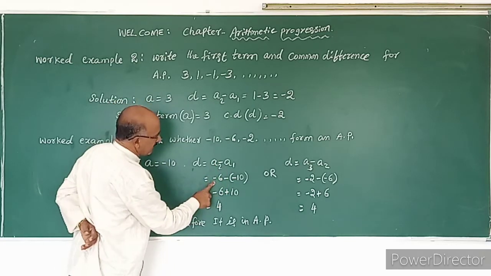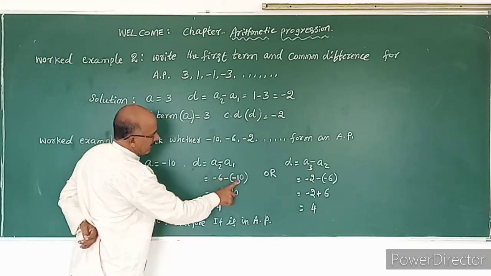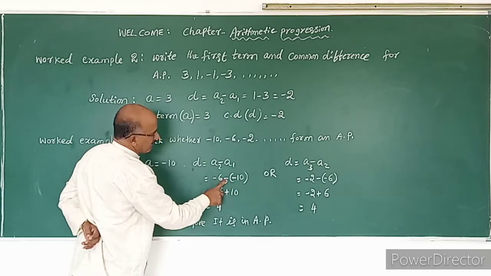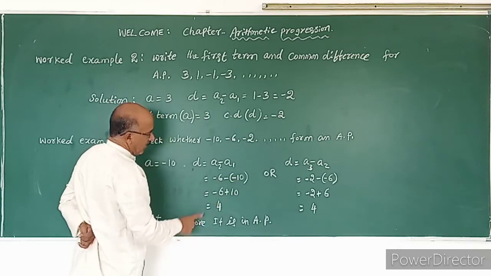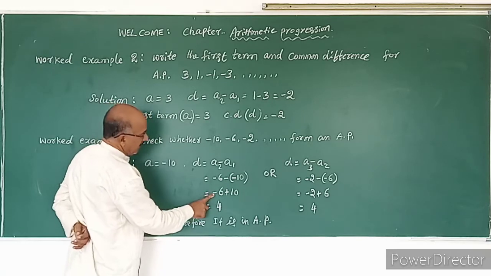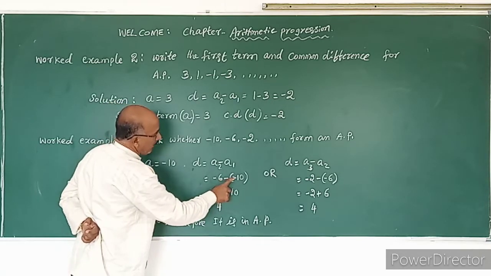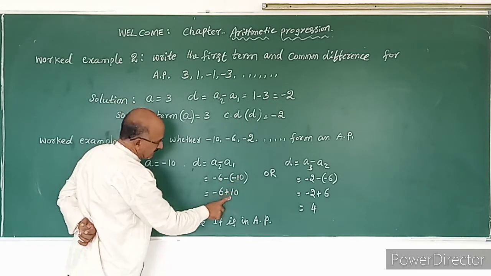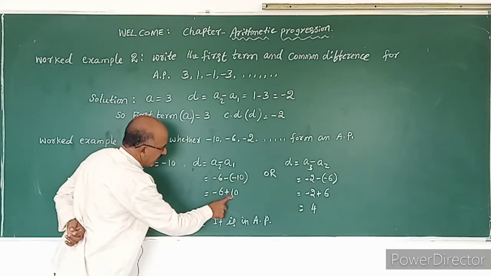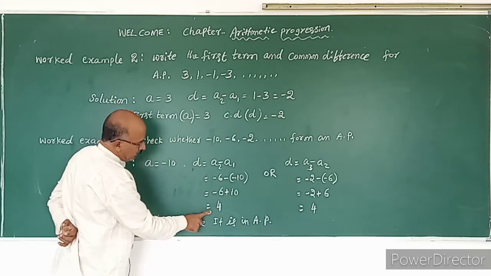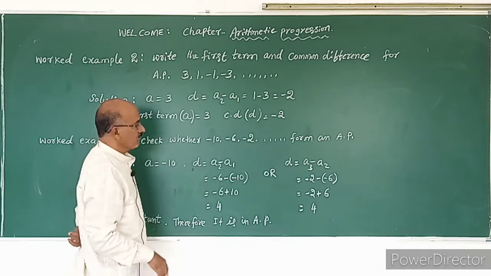Second term is -6, first term is -10, -6 minus -10. Now it becomes -6, minus into minus plus, plus 10. Plus 10 minus 6 is equal to 4.